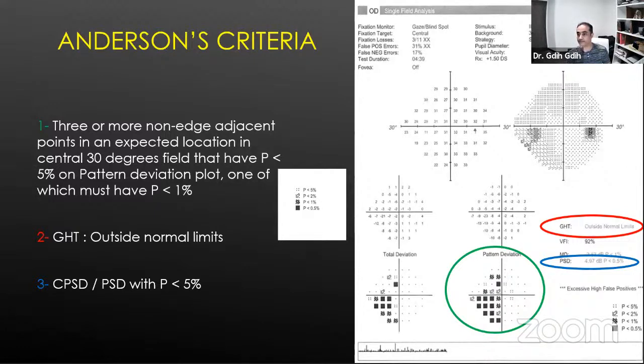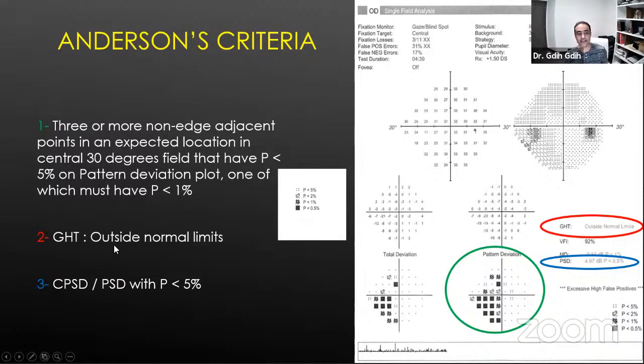Yes, of course, because it's less than 0.5%. Anything that's less than 0.5 is less than 5. So all these points are counted. We need only 3, we don't need 15. We have more than what we need. So number 1 from the Anderson criteria is a check mark. Yes, we have it. Okay, number 2 is easy. GHT. Look at GHT.